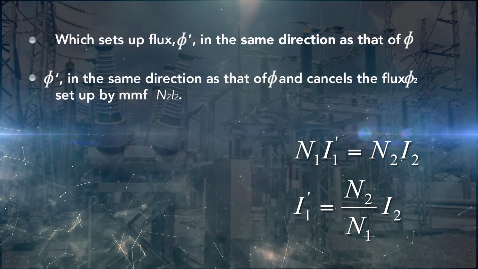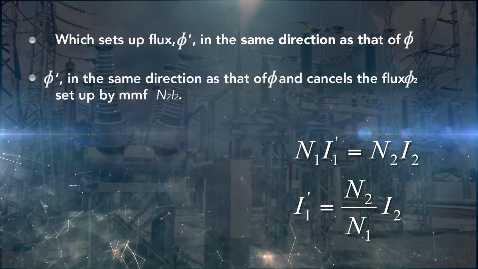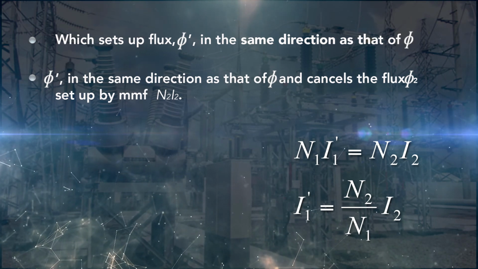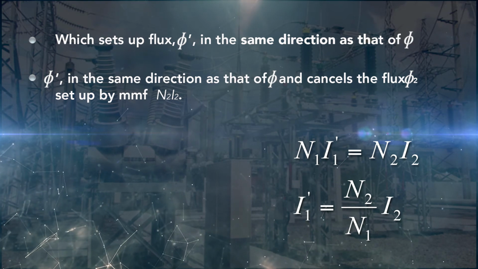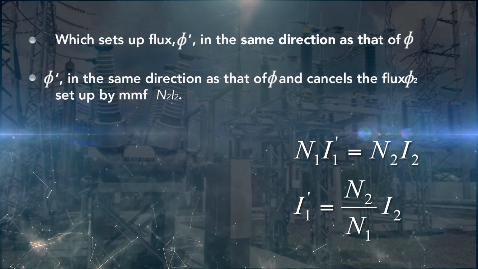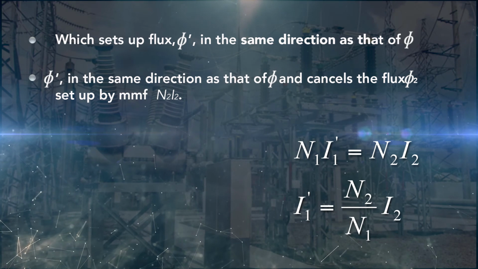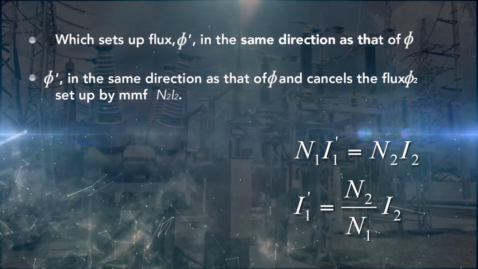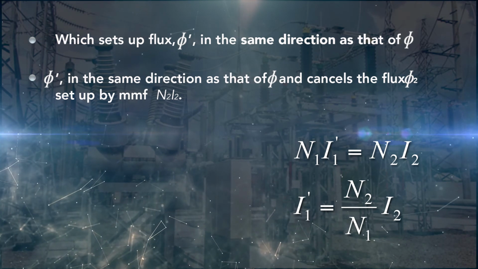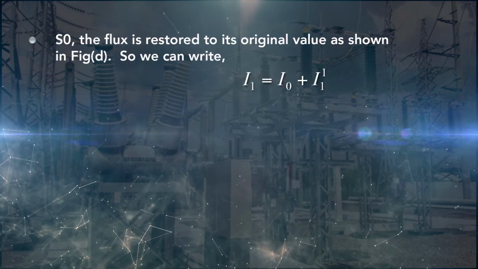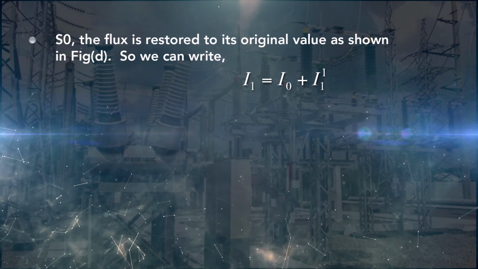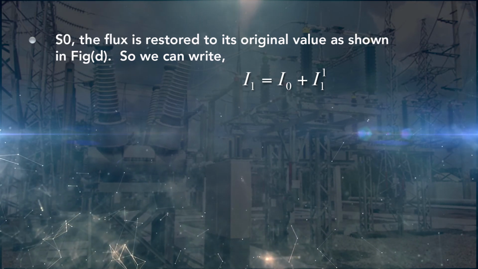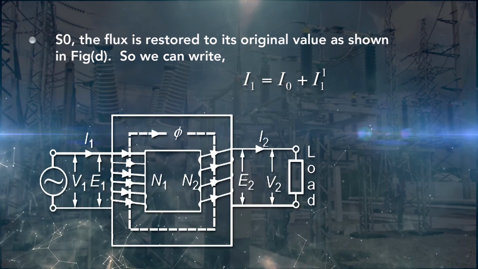So you can write I1 dash is equal to N2 upon N1 into I2, where N2 upon N1 is K. So I1 dash is equal to K I2, where K is the transformation ratio. So the flux is restored to its original value as shown in figure D.